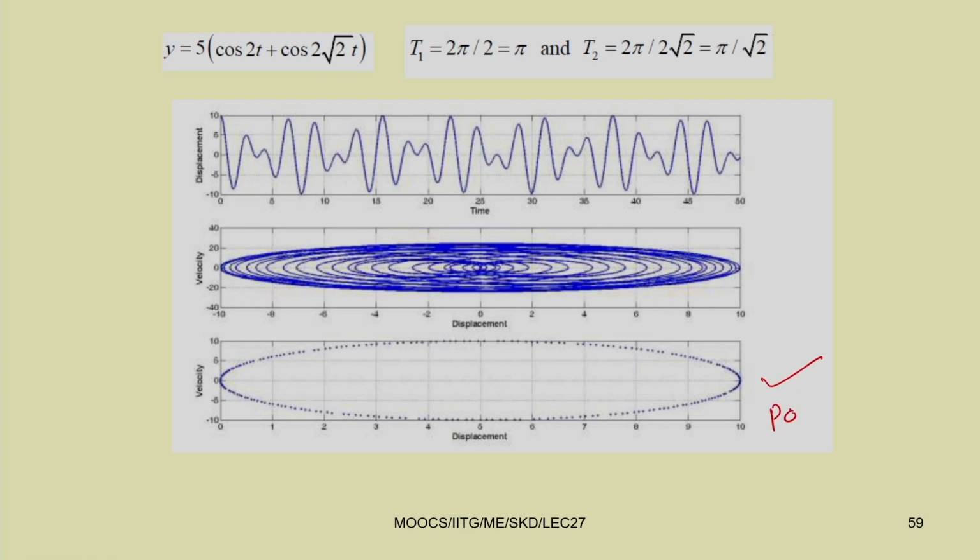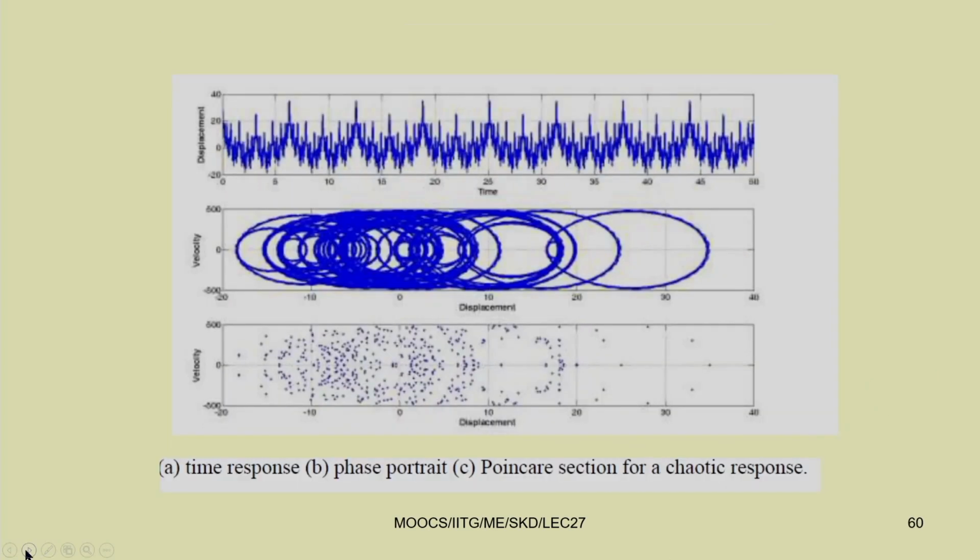You just see, this is the phase portrait and this is the Poincare section. The Poincare section in case of the quasi periodic response is a closed curve.